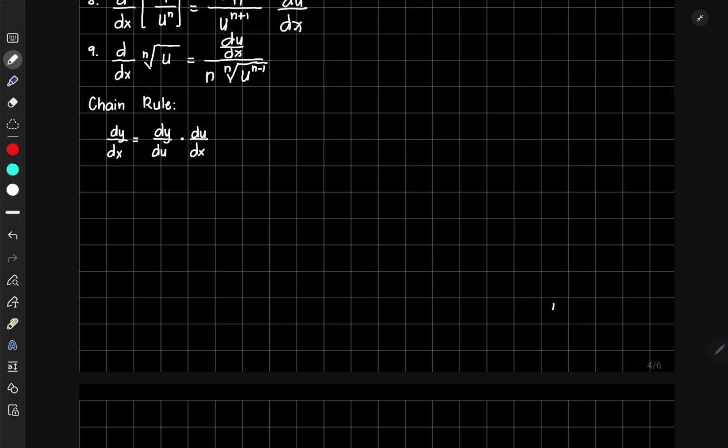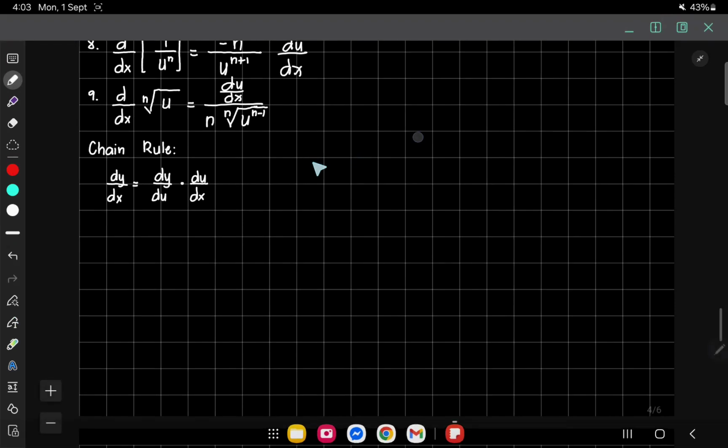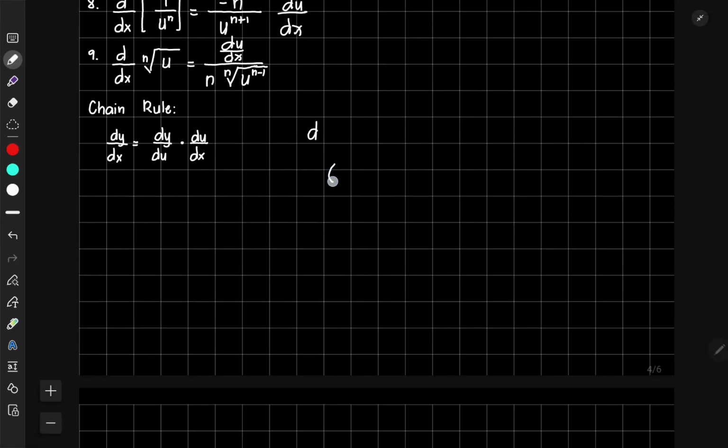So, magka-cancel out lang yung du dyan, and we can get the power rule. So, some example for that is kung meron tayong kukunin na derivative of x cubed plus 4 raised to 5. So, this is with respect to x.